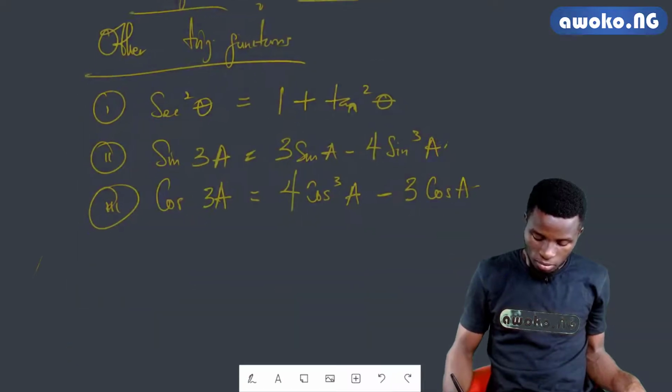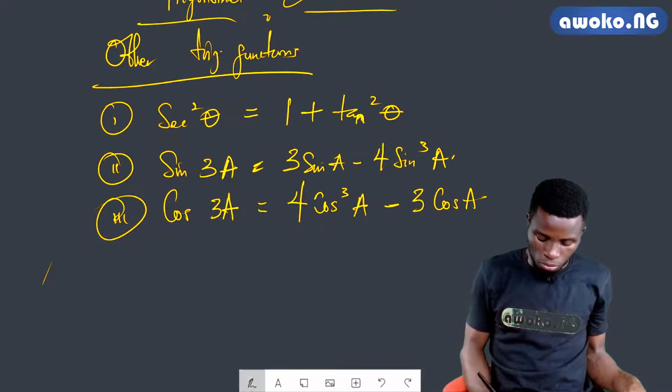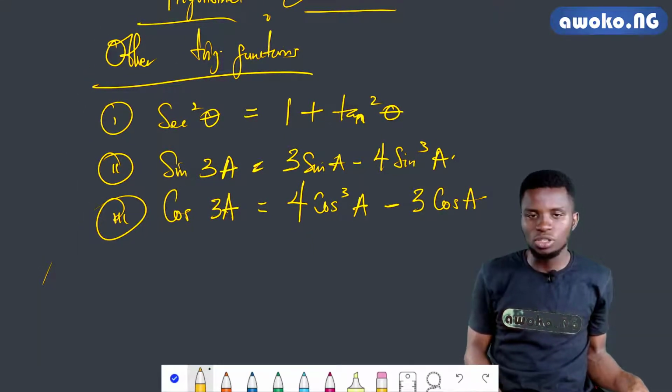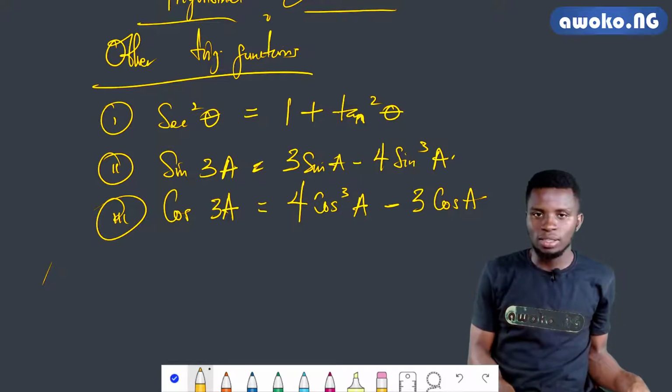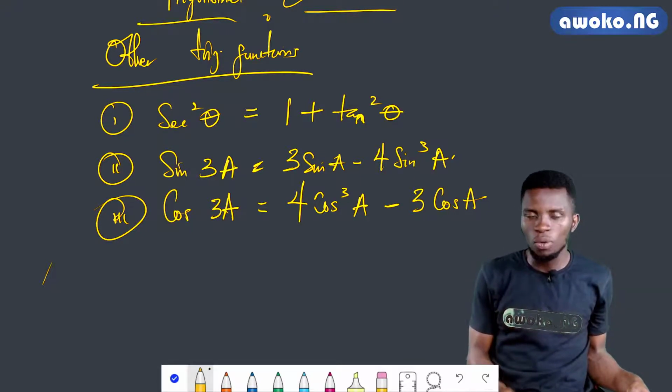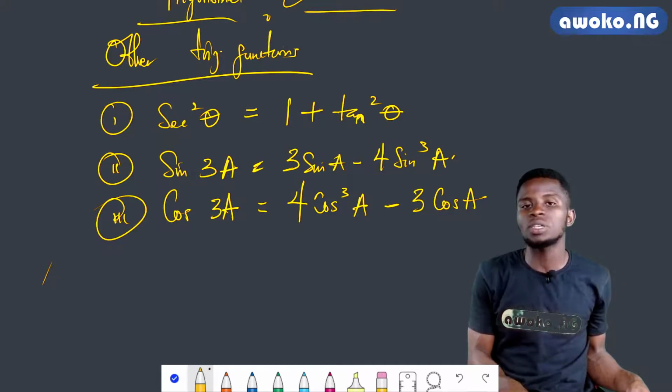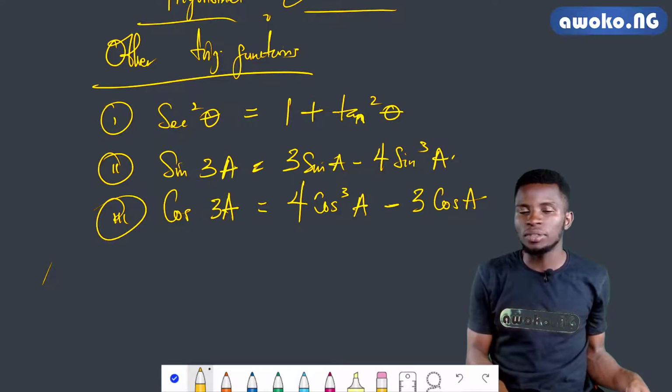Okay? Now, I told you not to bother yourself with the derivations of these identities for your level. When you go higher, you can consider how all these trigonometric identities are formed, especially those studying engineering and mathematics and statistics.